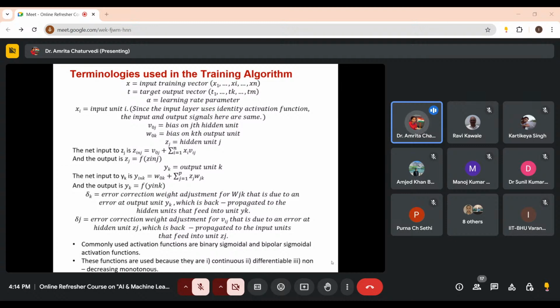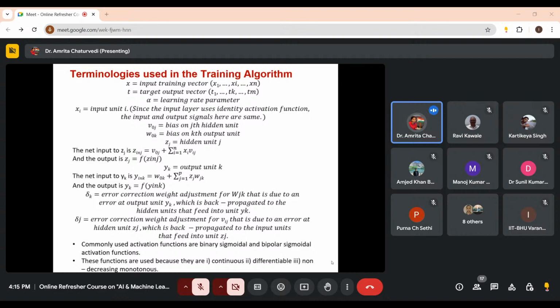Delta K is the error correction weight adjustment, so this is the error that you actually get at the output layer. This error correction you apply at the output layer weights, that is your W matrix.